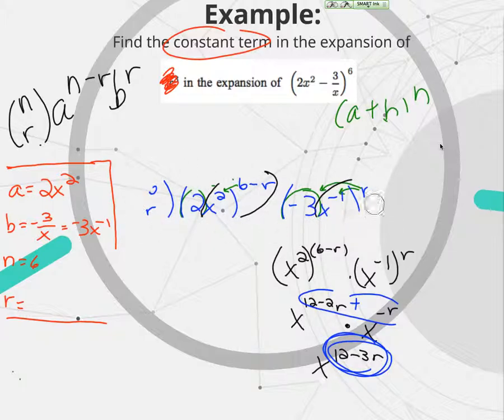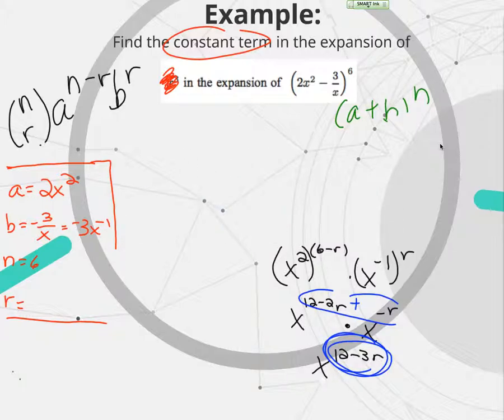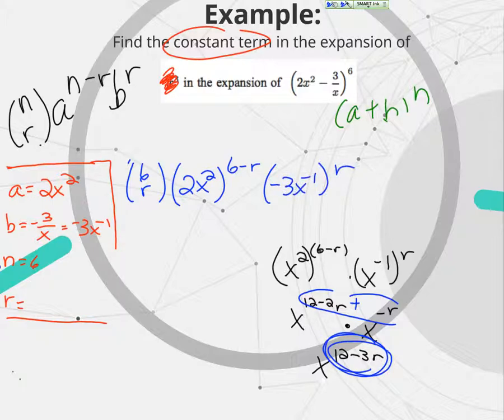So we would start this problem the exact same way, where we've got A, B, and N. And so plug those in there. So this would be 6 above R, and then 2x squared to the 6 minus R, negative 3x to the negative 1 to the R, just like before.